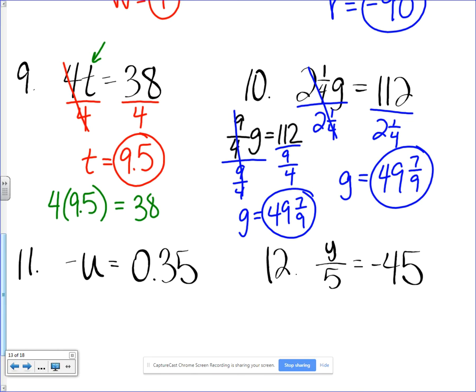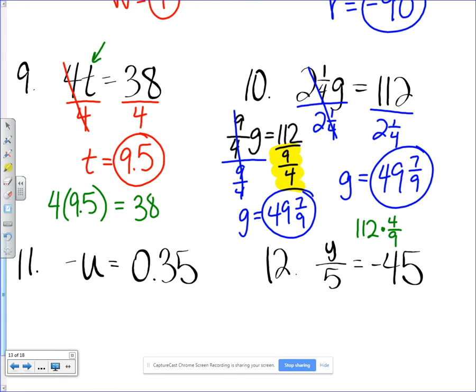I'm not sure how long it's been since you talked about multiplying and dividing fractions, but if I divide by 9/4 like we did right here, when you divide by 9/4, that's the same as multiplying by the reciprocal. So if I did 112 and multiplied by the reciprocal, now the reciprocal is flipping that thing over, which is 4/9.